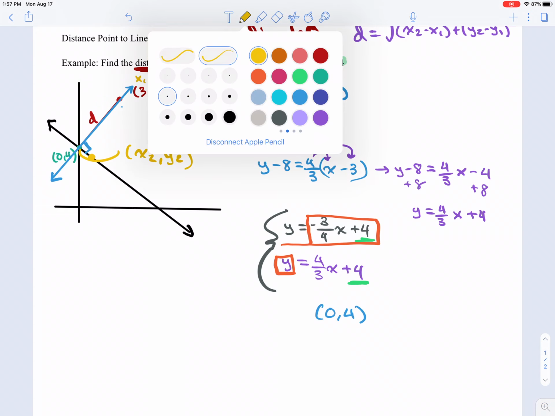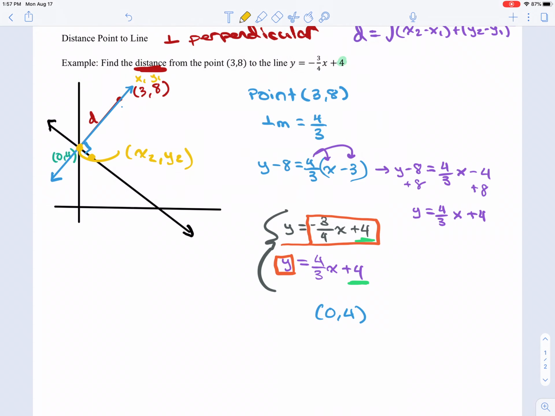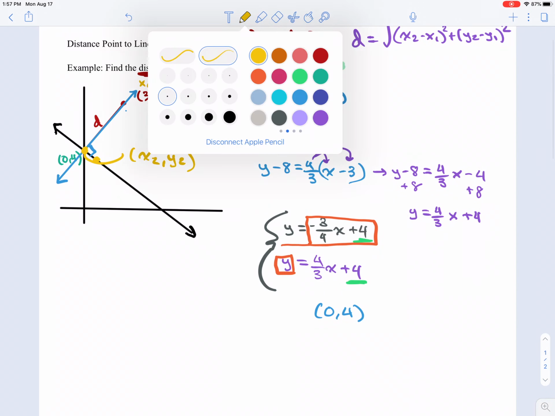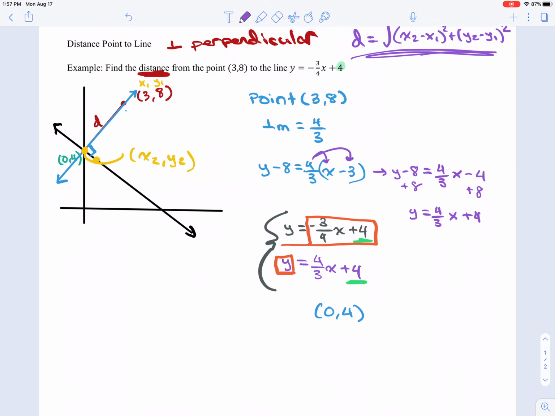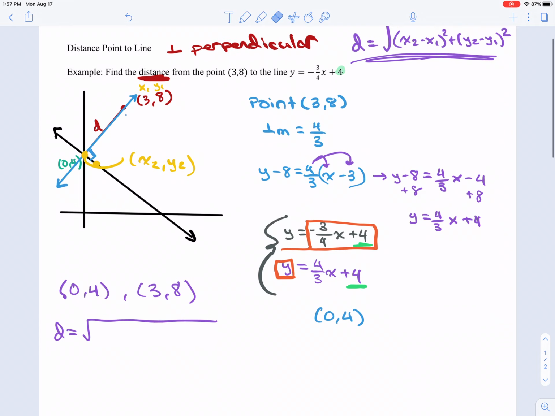All right, so now that yellow point, we're more interested in this one here. So we can use the distance formula, which is up here in purple. So we're trying to find the distance now from (0, 4) to (3, 8). So I'm just going to sub in my values. Again, you can do 3 minus 0 or 0 minus 3.